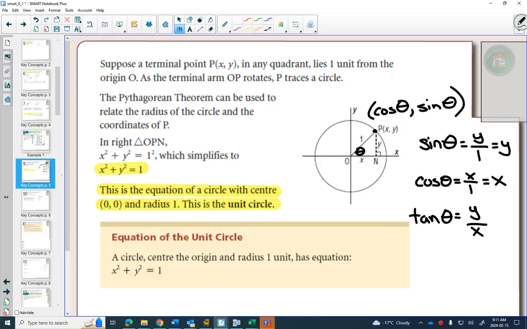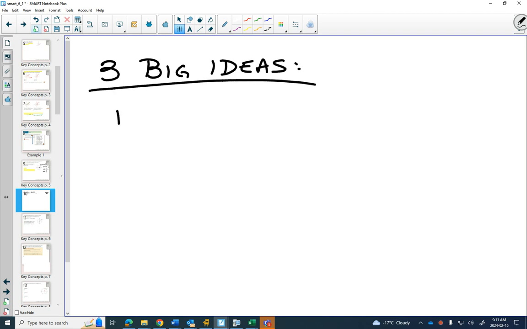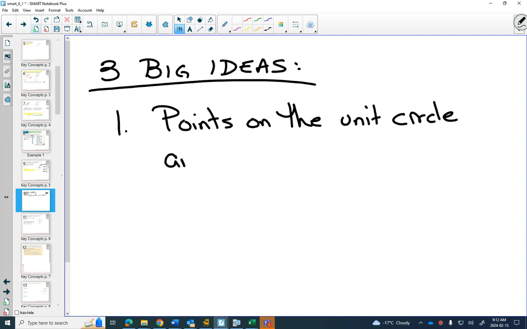So at the bottom of page 470, we can now write our first big idea. Big idea number 1. Big idea number 2.